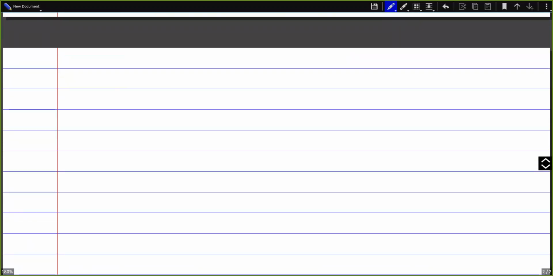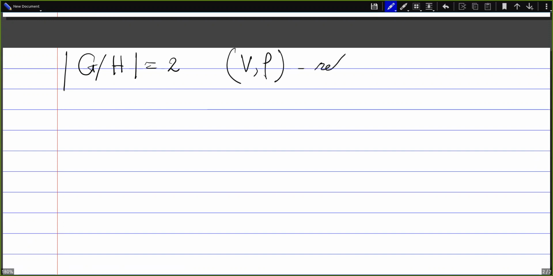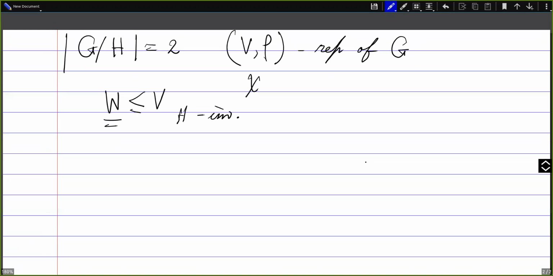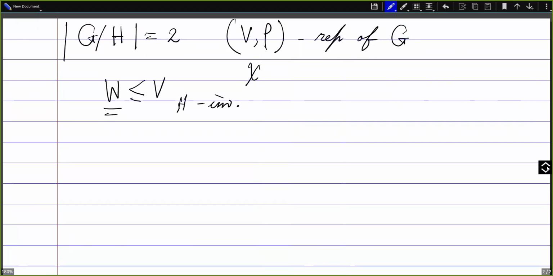So assume that the index of H in G is now 2, and V, rho is an irreducible representation of G whose character is chi. Let W be an H-invariant subspace of V, and assume that this is irreducible as well.